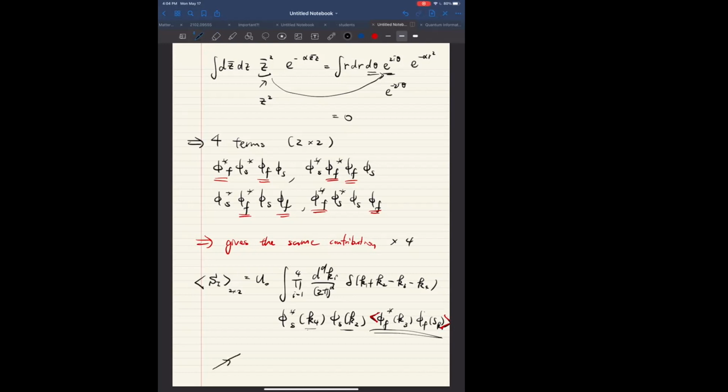I have a slow one, which I will draw in this way. I have a K2, which corresponds to this incident particle, and then I come out with a K4 momentum, and then this corresponds to the slow mode, the incoming, and then the outgoing. So it will annihilate the incoming particle and then create an outgoing particle back.